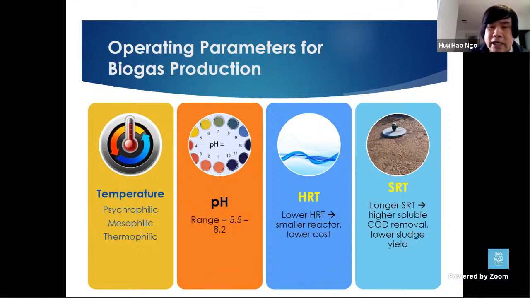But the only thing is that with the longer one, the sludge will be of that kind of age, and maybe the removal efficiency will not be the same, meaning lower pollutant removal efficiency.